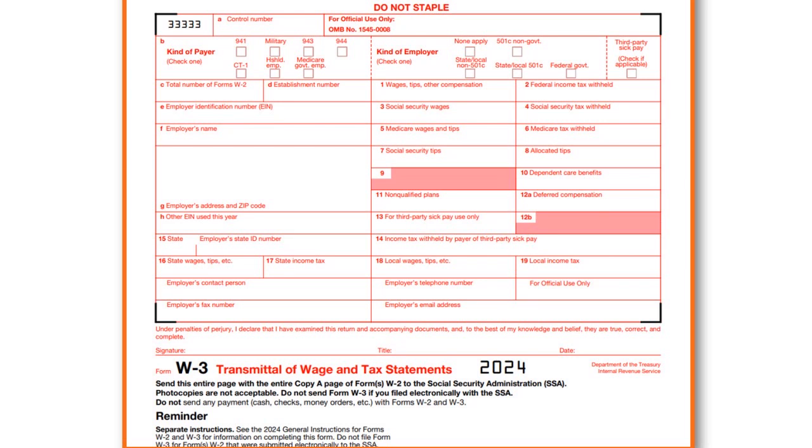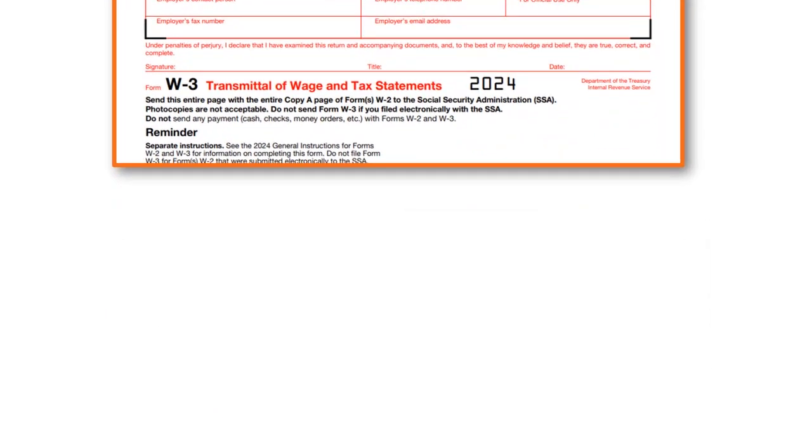In other words, this is another way for the IRS and the Social Security Administration to reconcile, to cross-link the data that you provided on your W-2 with the data that you provided on your W-3. So the W-3 is actually a summation, an aggregation of all forms W-2 that you submitted.